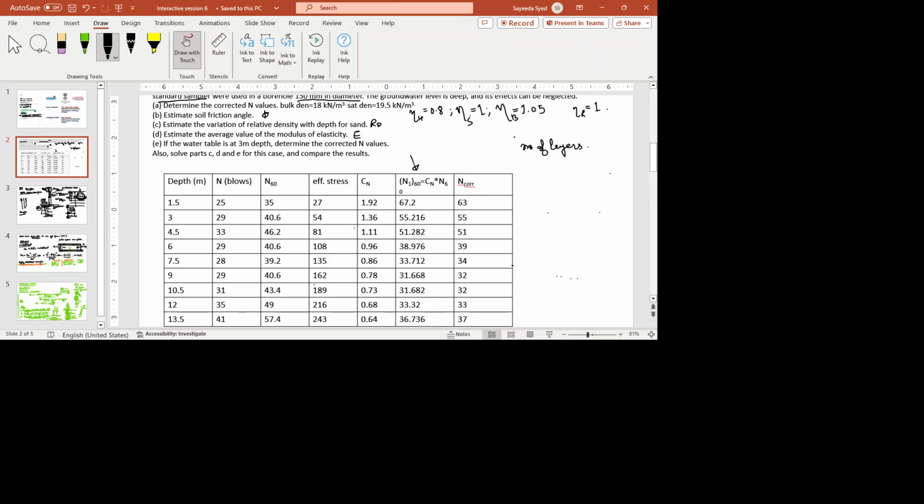Then we average out the N corrected for that layer, so we don't calculate the phi or the E for each of the SPT values, but for the strata. So for this strata, let us see how many strata there are, and then let us calculate the E and the phi values for those strata.